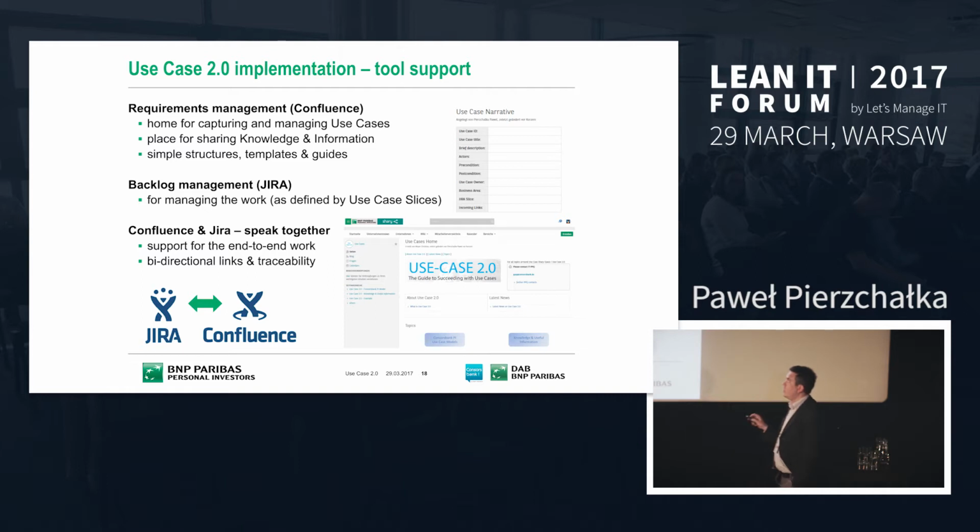What is important for us is that we have a clear differentiation between the requirements management area and the backlog management area. And this is maybe what differentiates this approach from the classical Scrum approach. In the requirements management area, we manage our use cases, what describes our product and services.